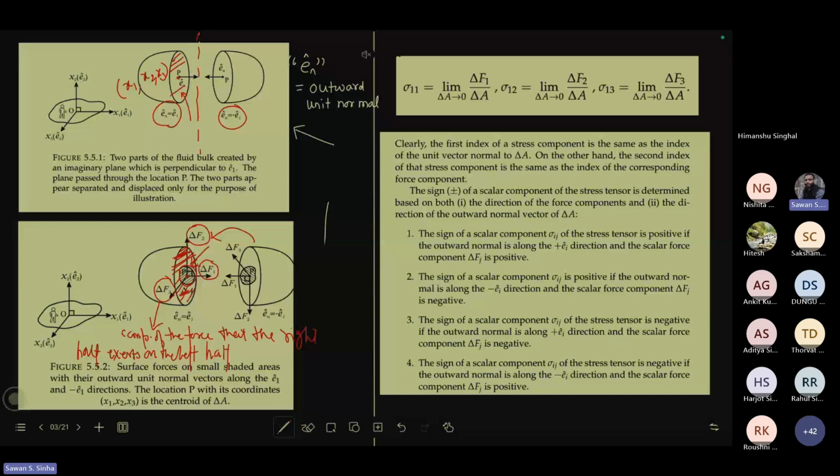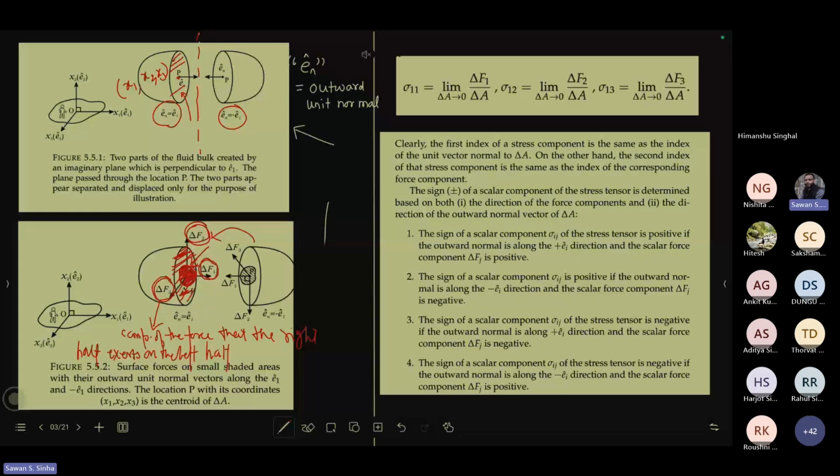And since this approximation is reasonable, that the force distribution is uniform, I can replace that distributed force on this area by a single force vector whose components are delta F1, delta F2, delta F3.